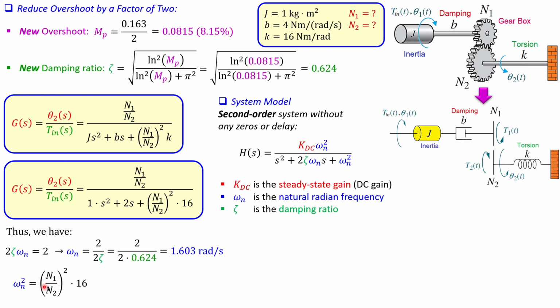Now that means I also have to calculate N1 over N2, which is of course what we require for this question. If I take the square root of the left side and the right hand side, I will get N1 over N2 is omega n over 4. Okay, that's a nice result. That means omega n over 4 will give approximately 0.4, because it's approximately 1.6 over 4, which is 0.4. So I have my ratio.